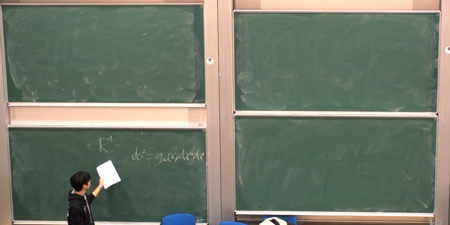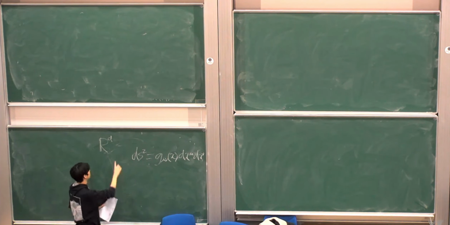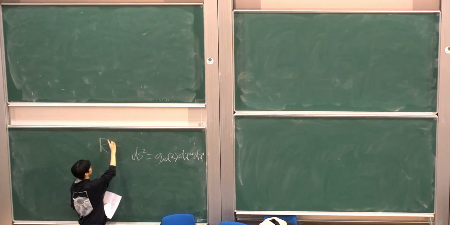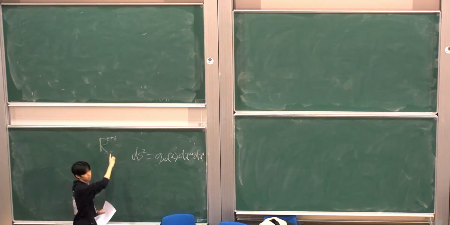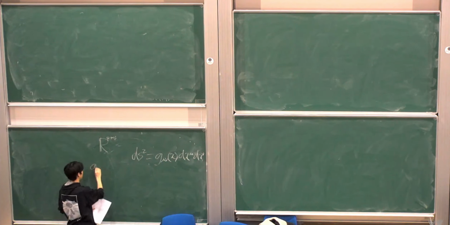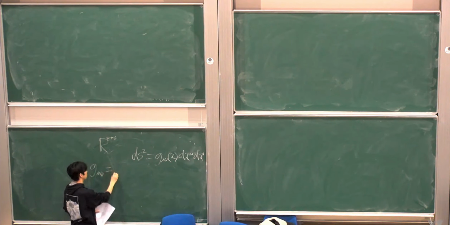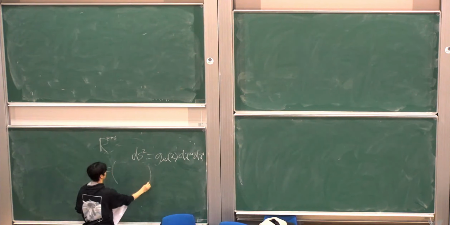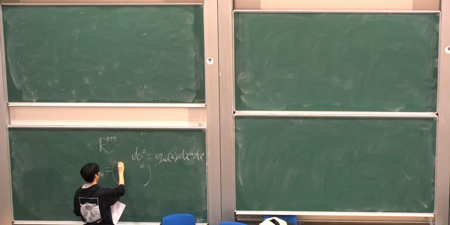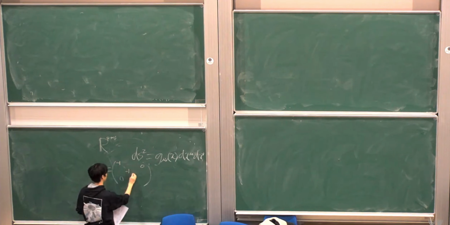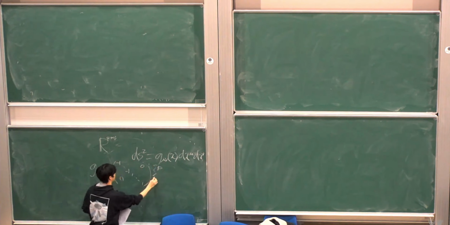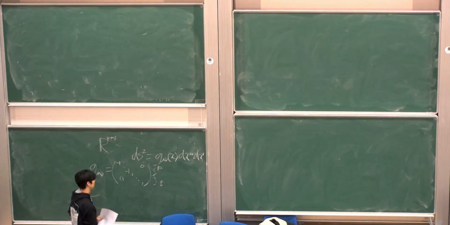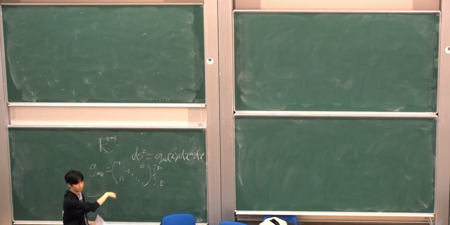In Minkowski space, if you have p time dimensions plus q space dimensions, the metric tensor is equal to minus 1 repeated p times, then 1 repeated q times, and everything is 0 except for the diagonal entries.